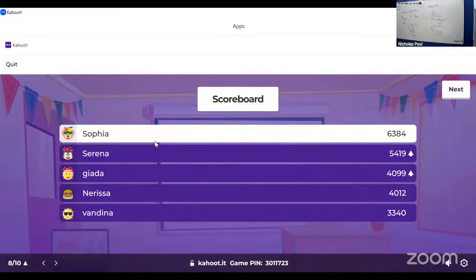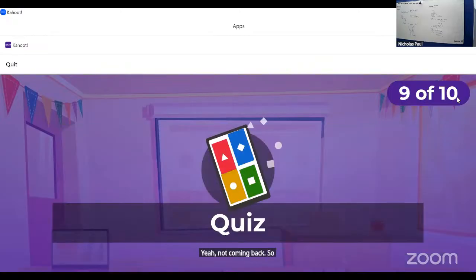Tight at the top, but Sophia pulling away, Serena coming back, Gianna coming back. It's right, tight at the top.